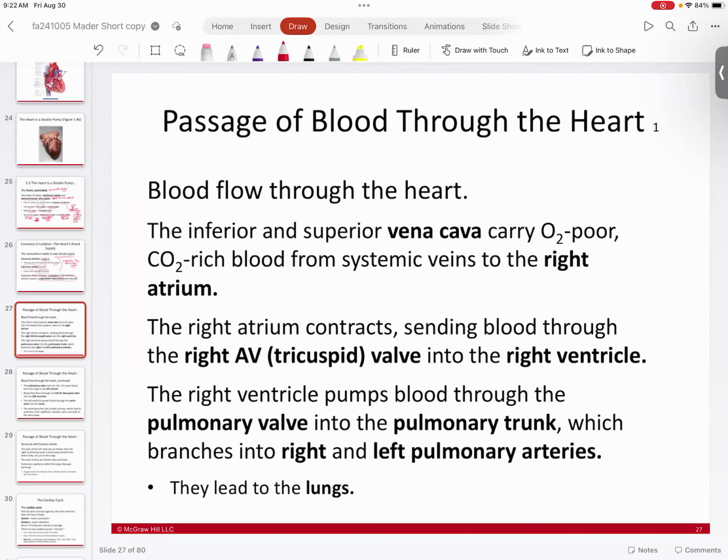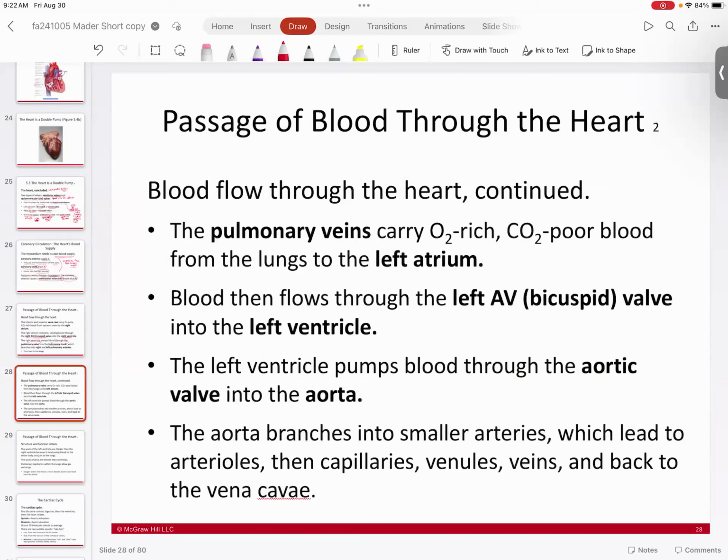It's always atria, ventricle, atria, ventricle. Both atria contract at the same time. When the right atrium contracts, the blood goes through the right AV, or the tricuspid, into the right ventricle. Then the right ventricle will contract, sending the blood through the pulmonary valve into the pulmonary trunk, which will then take the blood through the right and left pulmonary arteries to the lungs so they can exchange the CO2 for oxygen and so forth.